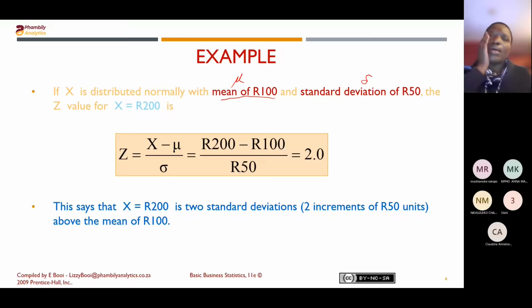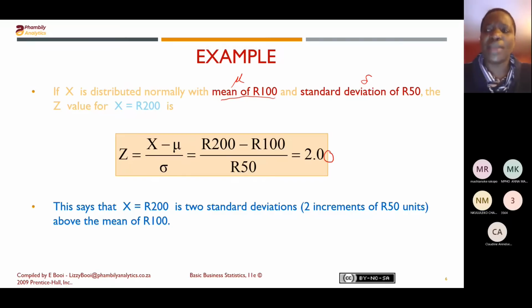Now, I'm leaving it at 1 decimal, but what I'm going to tell you is to always leave your answer to 2 decimals. So here we should add another 0, so the answer should be 2.00. Always remember to leave your answers in 2 decimals.